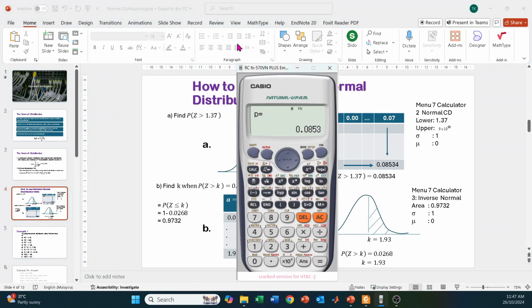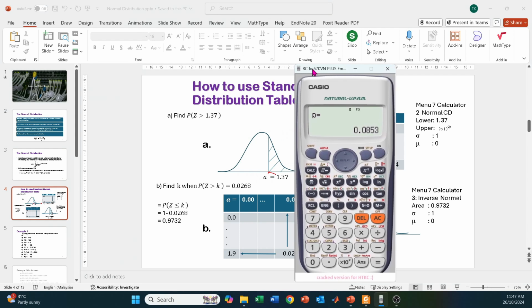Okay, if you want to use your scientific calculator, what's the value of K such that the probability of Z greater than K gives the area 0.0268? Probability is actually the area below the curve of f(x). So go down, distributions, normal CD.